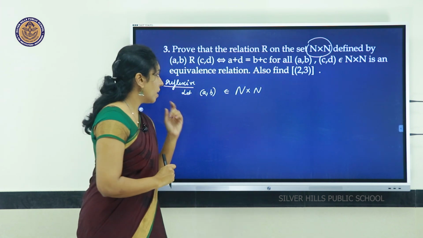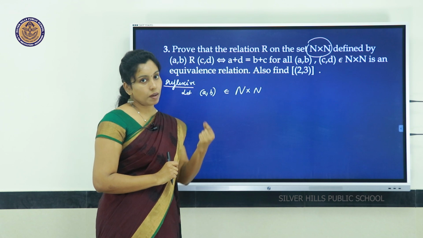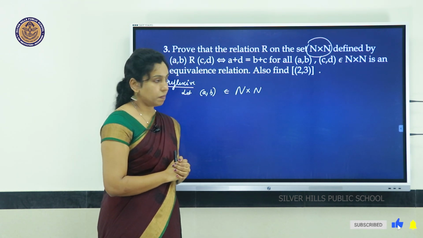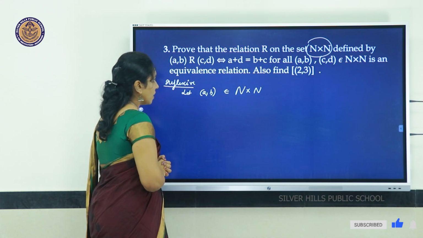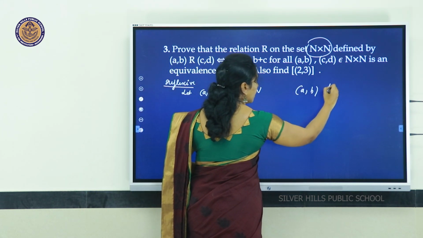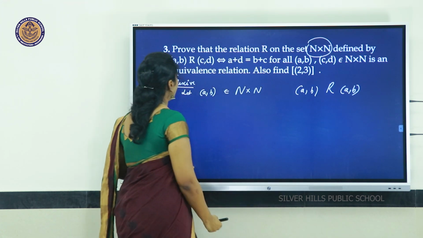Instead of that, we will have to prove AB is related to AB. Can we say that? Can we say AB is related to AB? What is the connection here?